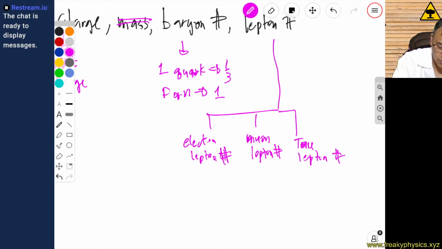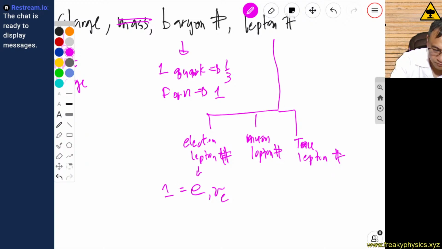Basically, the electron lepton number is for the electron and the electron neutrino. So I'm just going to use the symbols. The electron applies for e and the electron neutrino. These would be equal to 1.